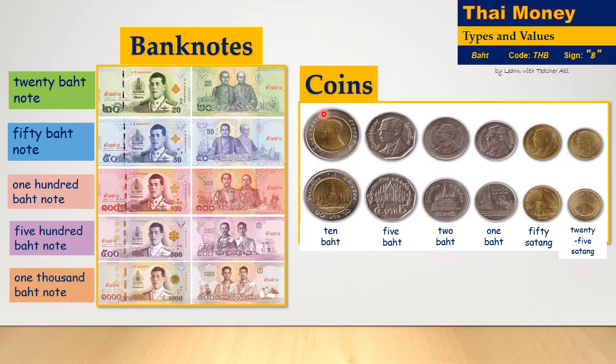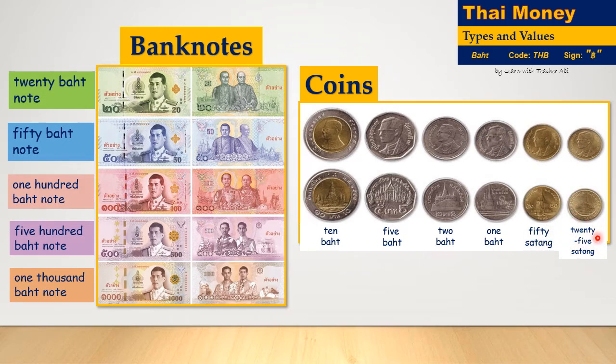Next one, coins. We have 10 baht. You can see the value at the back of the coins. Next, 5 baht, 2 baht, 1 baht, and here is 50 satang.